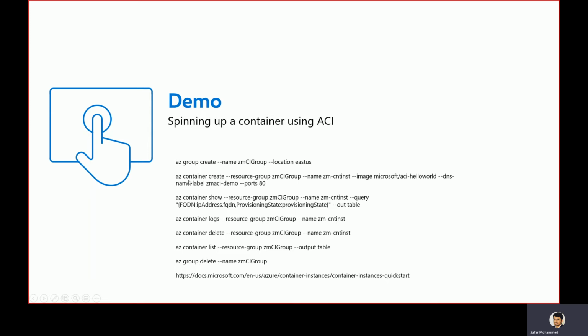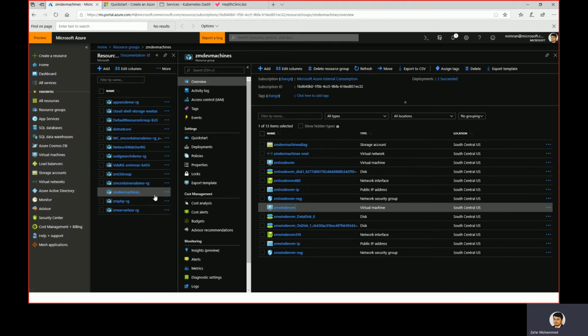That's exactly what the second command does. The third command would basically show my containers with the FQDN and the provisioning state. So once I have this, I should be able to see my application up here in the cloud.